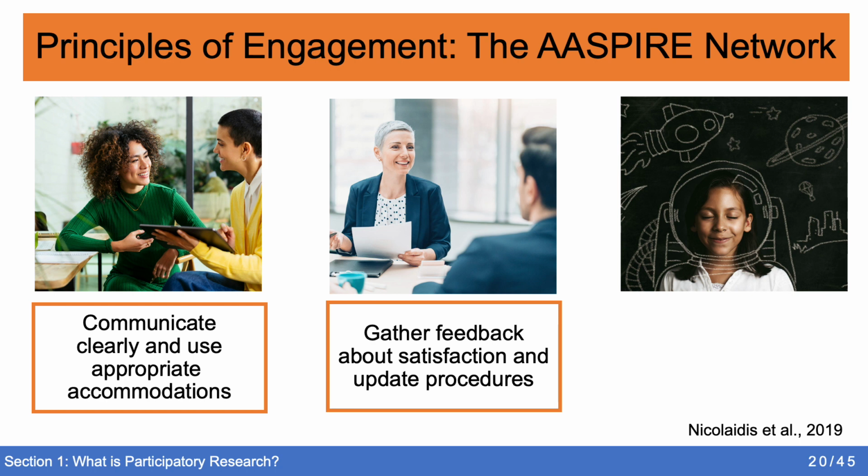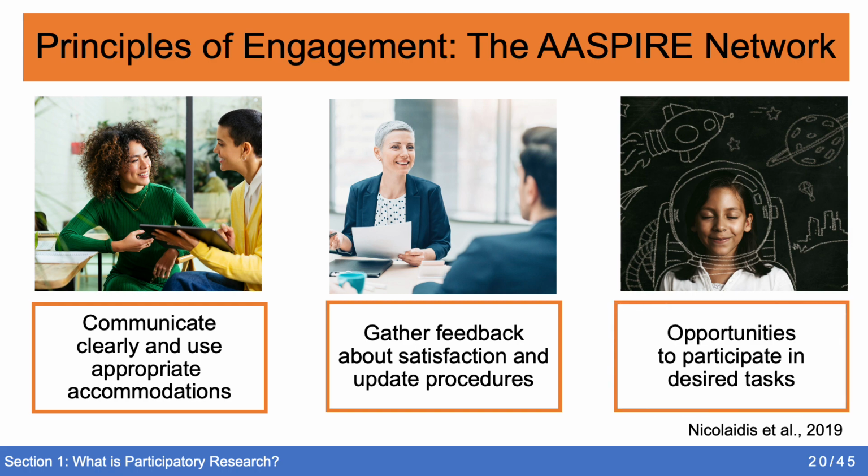Researchers should also get feedback throughout the project about partner satisfaction and update their procedures to make sure everyone is satisfied with their participation. The team should also provide opportunities for partners to participate in desired tasks. You can check out more information about principles of engagement in our additional resources.